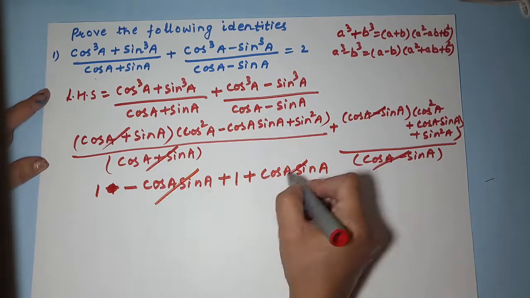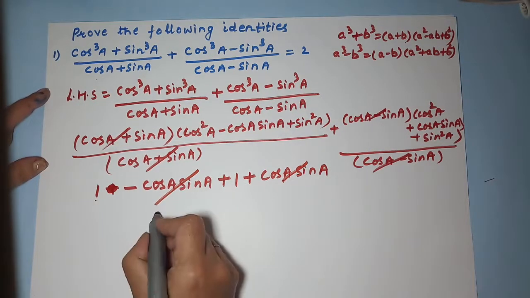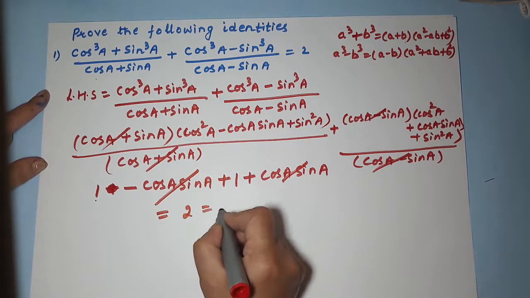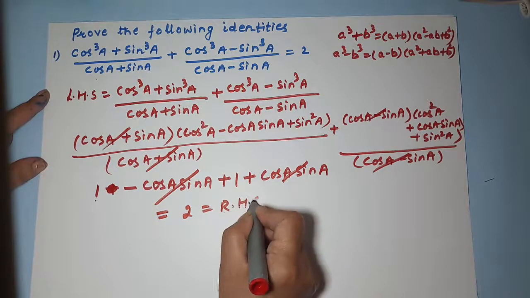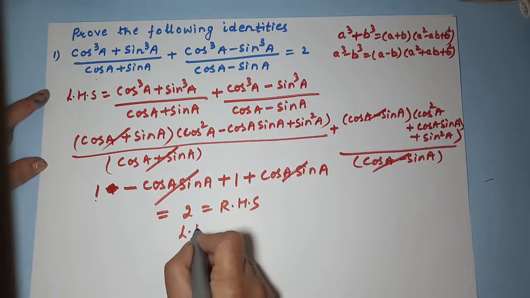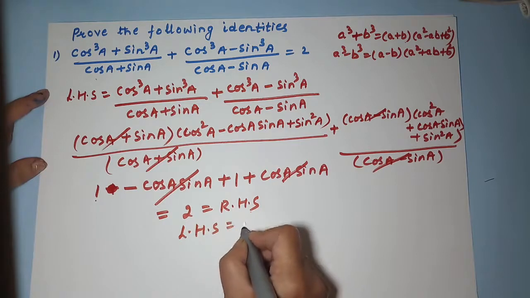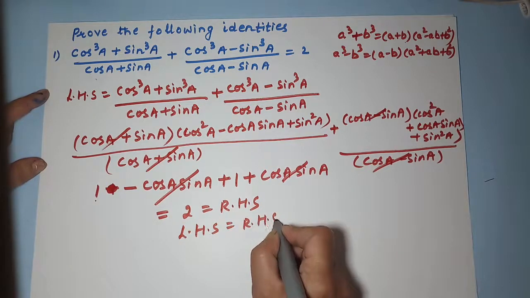Now this and this will go. I am left with 1 plus 1 which is equal to 2, which is equal to my right hand side. So I have proved that left hand side is equal to the right hand side.